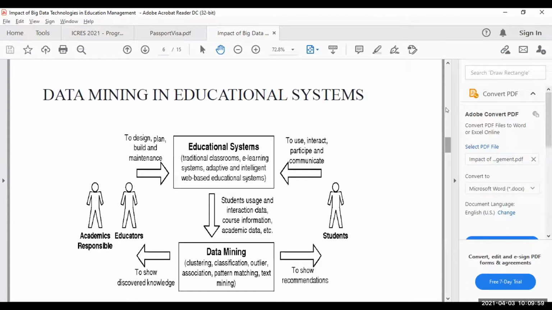Let us have a look at the workflow, which is very important. The moment we start designing and developing any specific framework in an educational system, this can be one of the proposed frameworks.